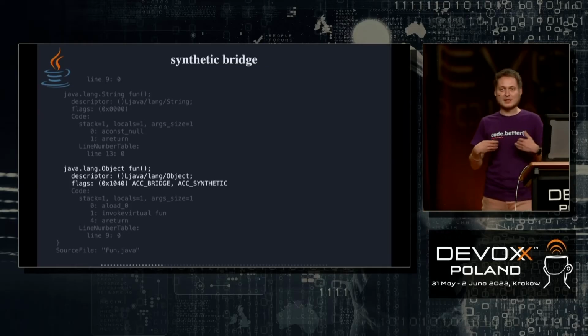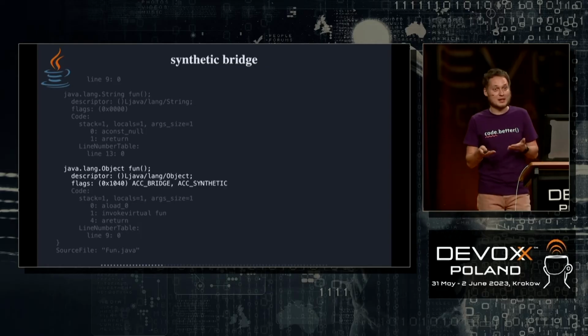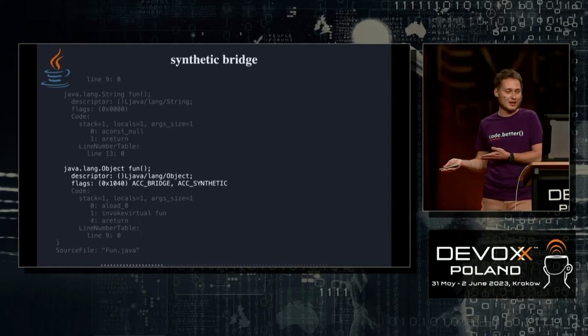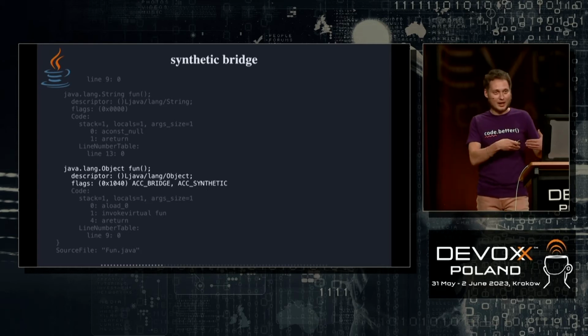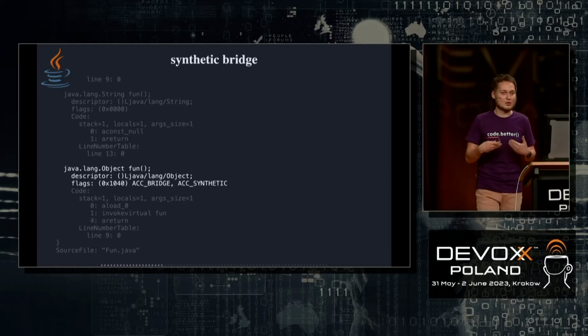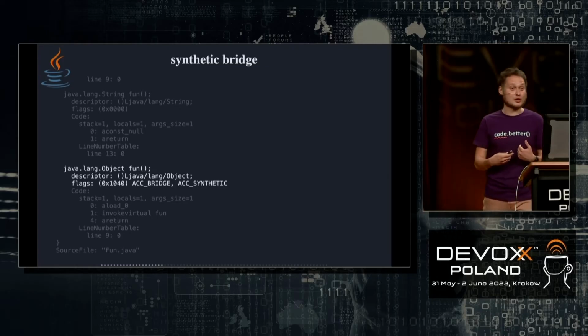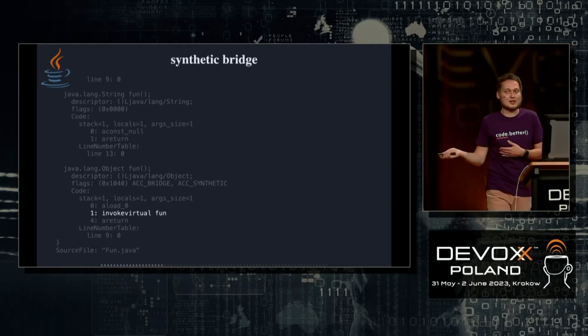But all the base classes, when they invoke methods, do expect a certain signature and a certain return type. In particular, when they invoke the fun method that is declared in base, they do expect that the result is the object, not the string. So in order to allow passing the child to those methods, the compiler has to generate a so-called synthetic bridge, which returns object. And this synthetic bridge does a simple, stupid thing. It just delegates to the original method.